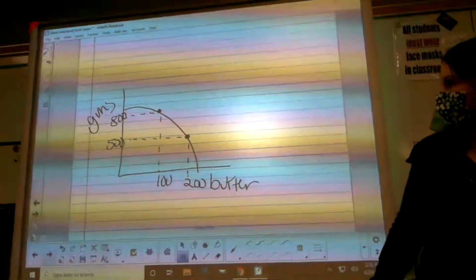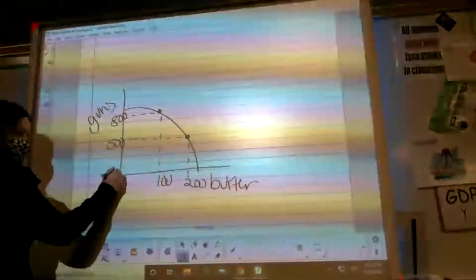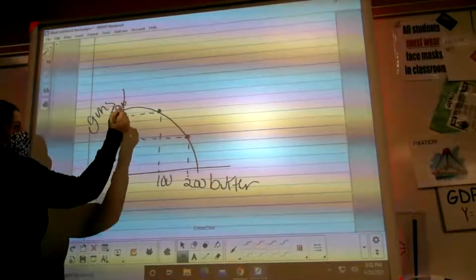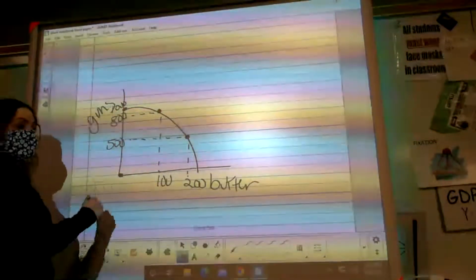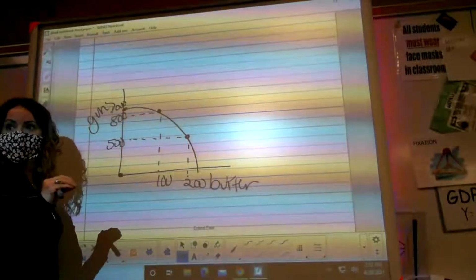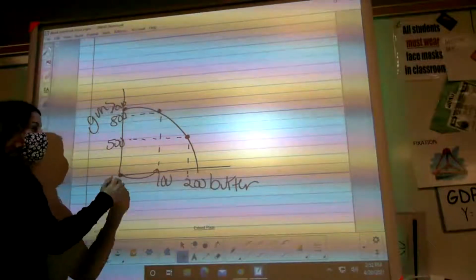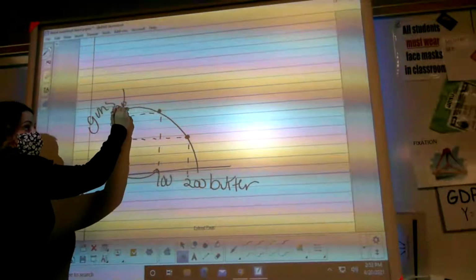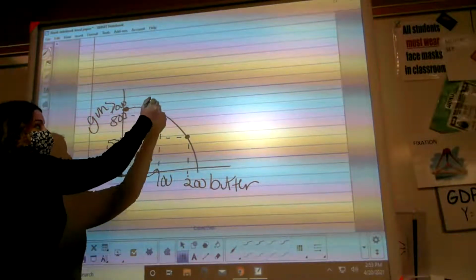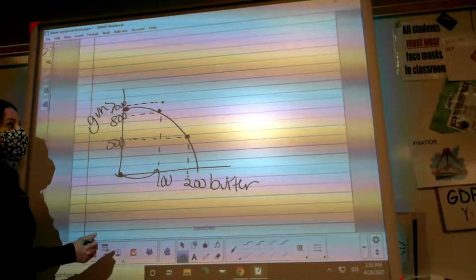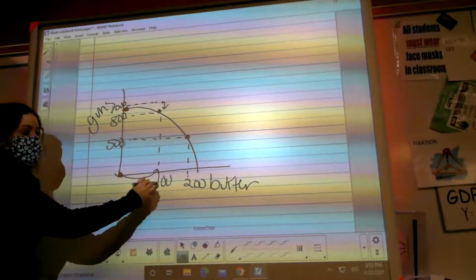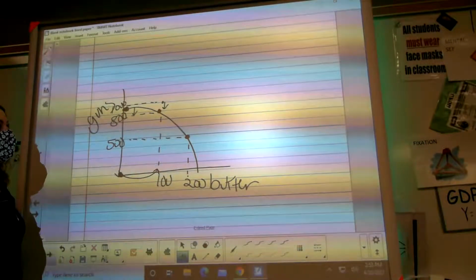Oh, I didn't give you enough information. If I say the first 100 butters, that means you currently are making 0 butters, just the way that I phrased it. I'm gaining 100 butters, which means I was making 0 butters. If I was productive, I must have been making 1,000 guns, let's say. And so to make my first 100 butters, I can't continue making 1,000 guns because that's a point outside of our PPF curve. It's not possible. I'm going to have to lose some amount of guns for those first 100. I'm going to have to lose about 200 guns to make more butters.